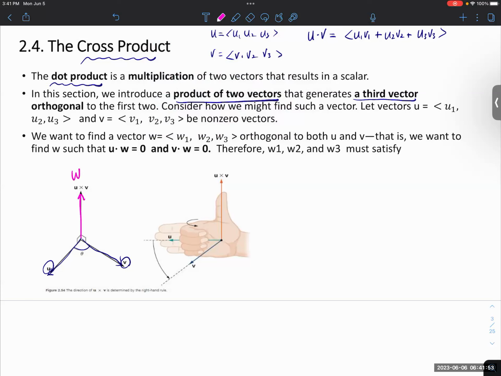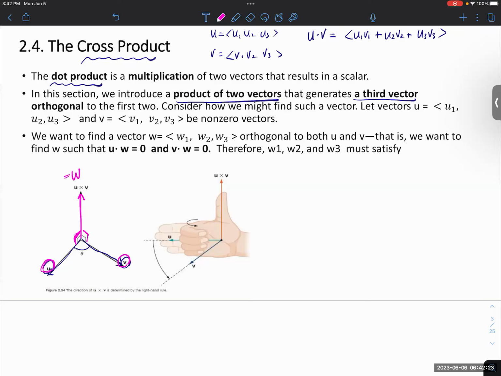The w vector and u vector are going to create 90 degrees, and the w vector and v vector are also going to create 90 degrees, perpendicular.